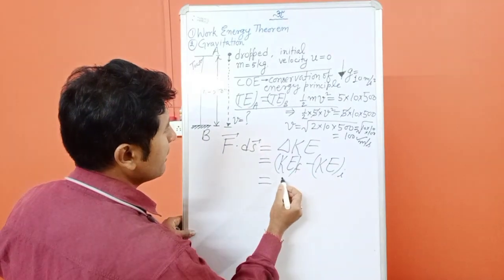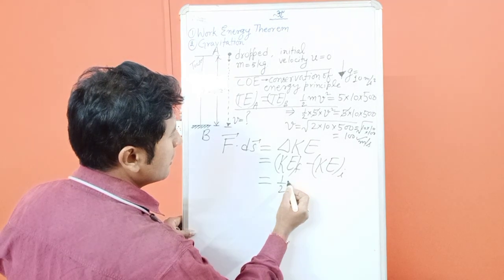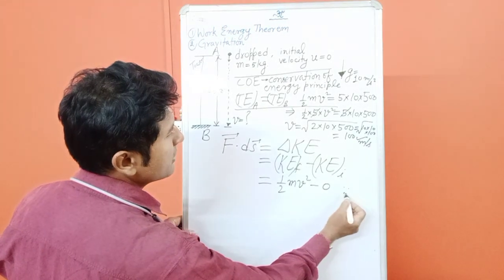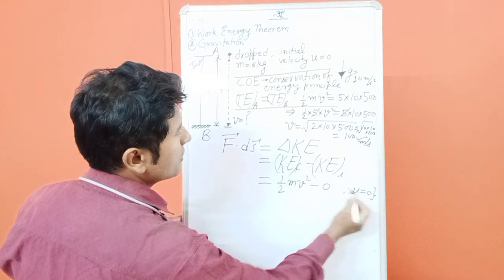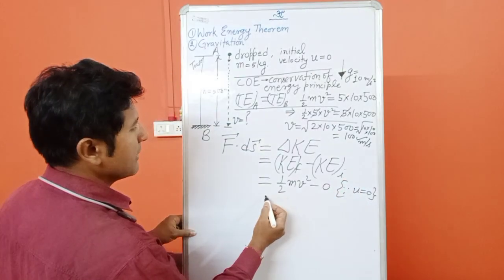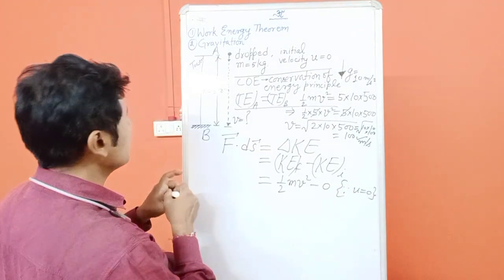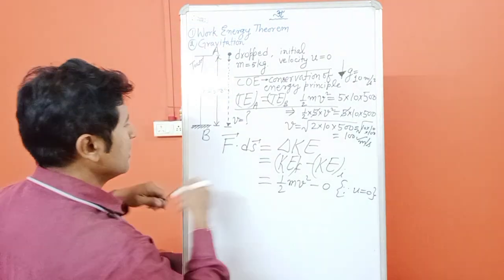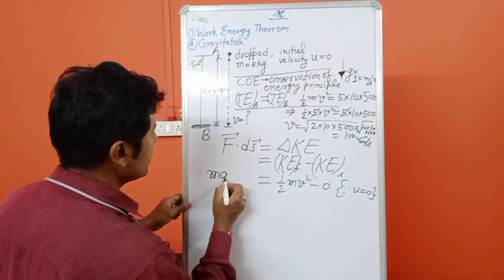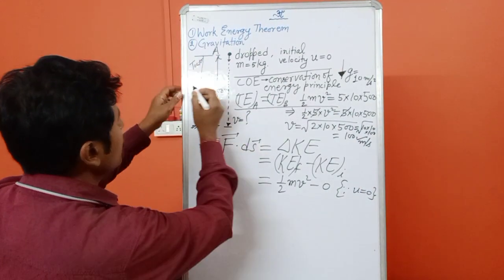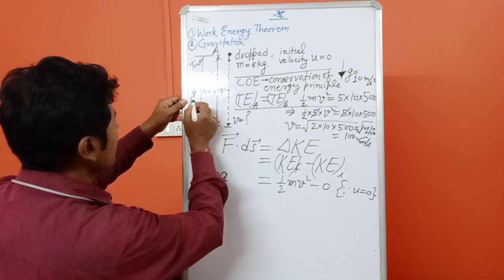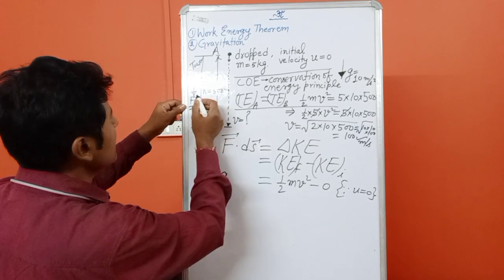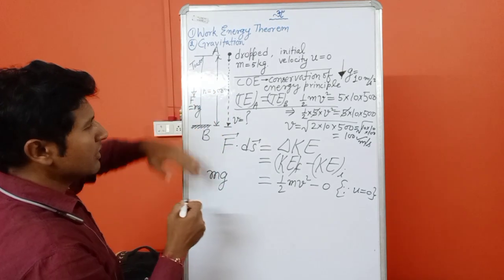Now KE, what was KE final? KE final is half, then m, then v square, and KE initial was 0 since initial velocity u was 0, correct? And F dot ds, what is the force? There is only a single force, which is nothing but the gravitational pull on this body. What is that? This is m into g, right? And displacement. Now you look at here, the force F, which is of course F is equal to m into g, is also in downward direction, and displacement is also in downward direction, right?